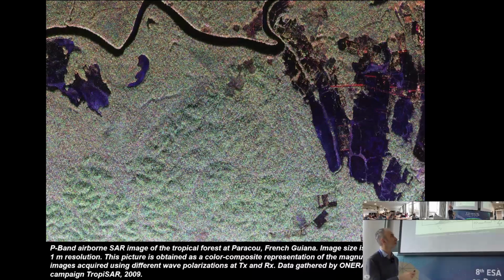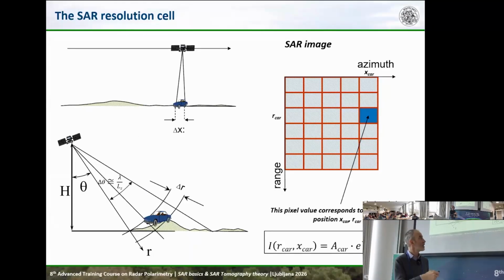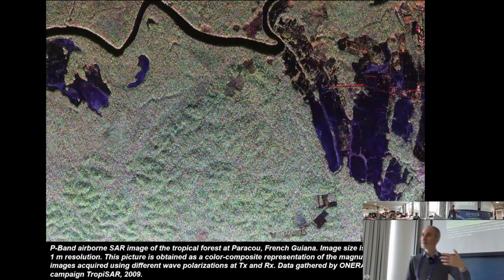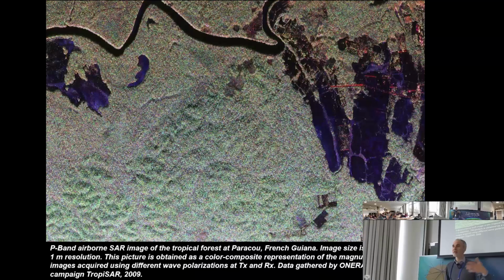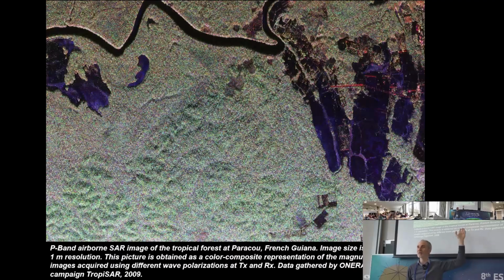You see it here. But when you take a look at a SAR image, typically people only represent the magnitude. So this is just the amplitude of each pixel. We are not visualizing the phase here. For this visualization, we are just throwing it away.